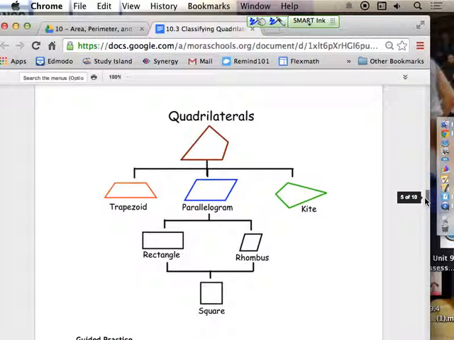A quadrilateral is just any four-sided figure that's closed. Here's an example of an irregular quadrilateral. Why? Because it has four sides, 1, 2, 3, 4, and they are closed. They don't have to be equal. They don't have to have 90-degree angles. They don't have to have parallel lines.